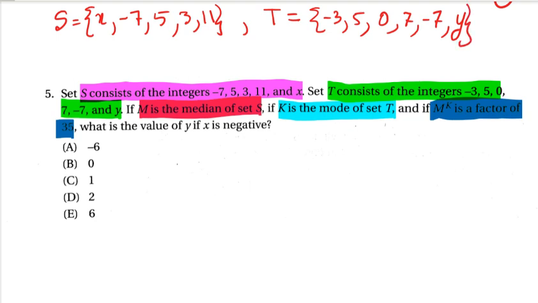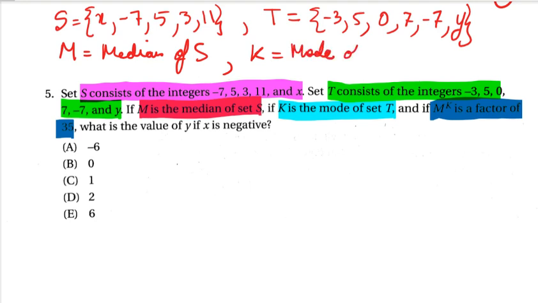Now look at this. It is saying that M is the median of S, K is the mode of T, and M to the power K is a factor of 35.